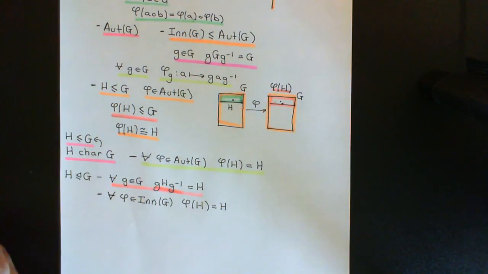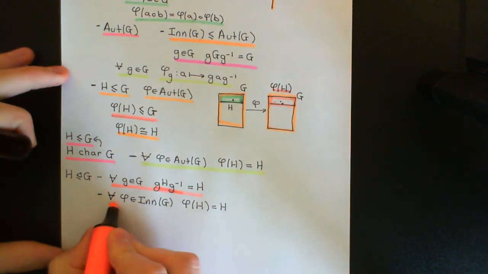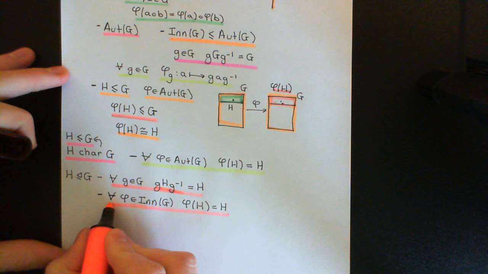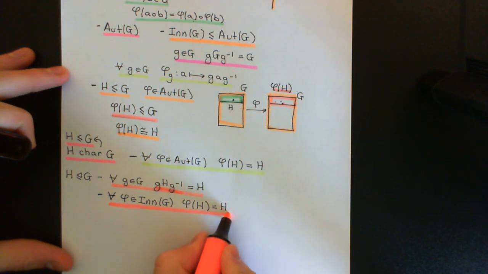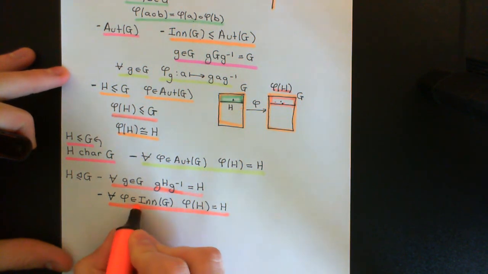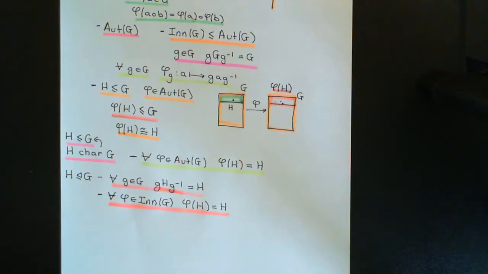That's another way of writing the criterion for being normal. We've never written it in that way before in this playlist, but it's a helpful way of writing it to see the parallels with this.